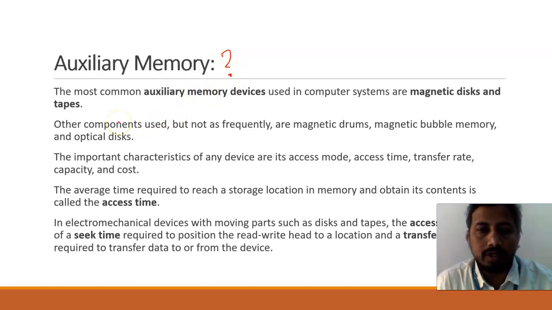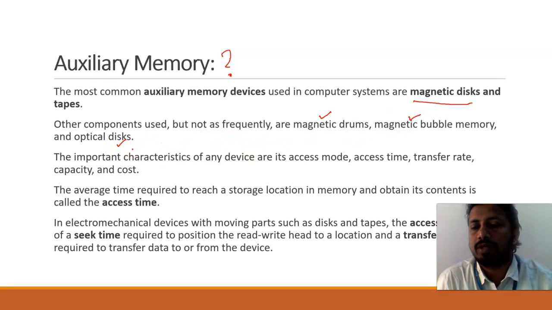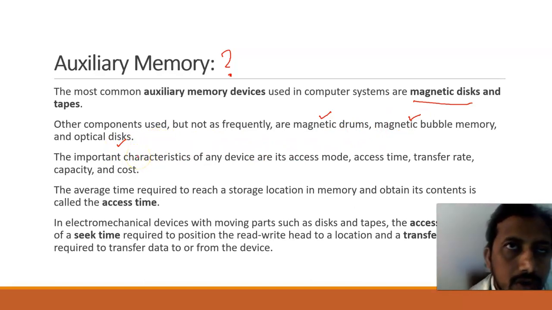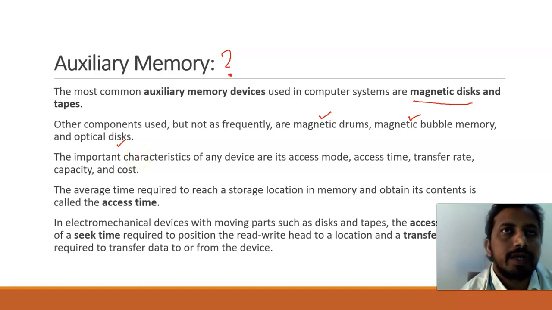So we have seen over here the most common auxiliary memory devices used in computer systems are magnetic disks and magnetic tapes. But there are others also, like magnetic drums, magnetic bubble memory, and optical disk. Nowadays we are using optical disks. Now we also have semiconductor memories in the form of auxiliary memories, like pen drives.